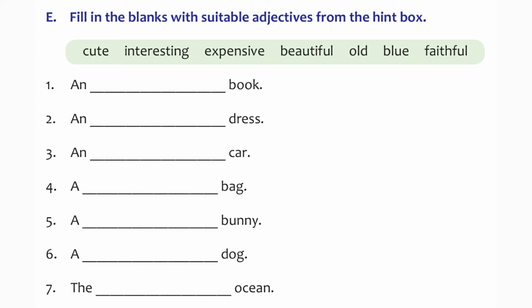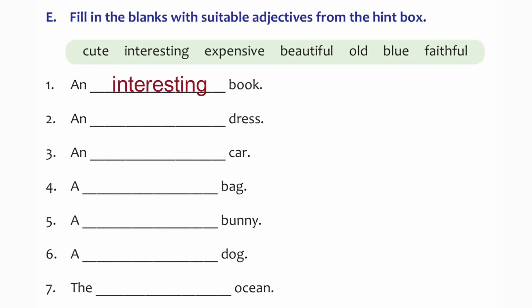Okay, so let's try. First one, an dash book. So we can use the adjectives interesting or old or expensive because it is starting with a vowel. And again, the second one also, you need to use a vowel over there.